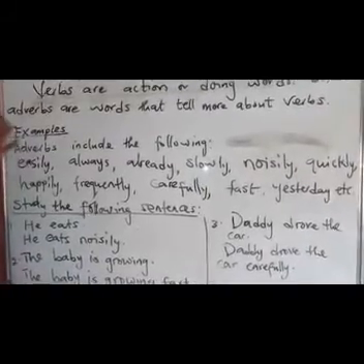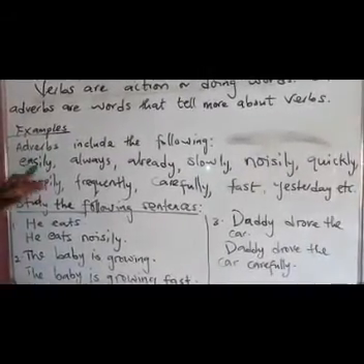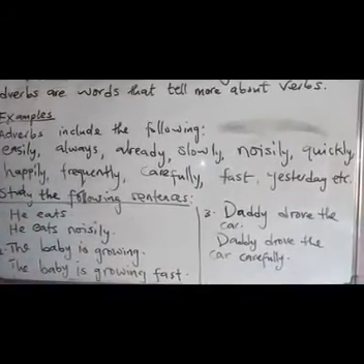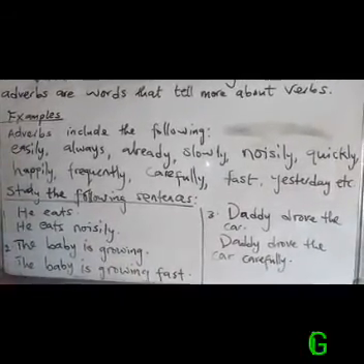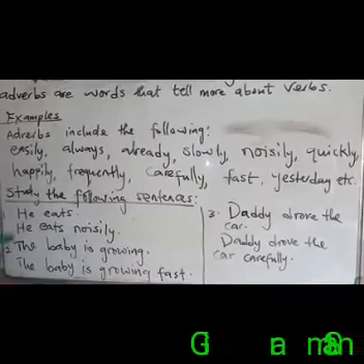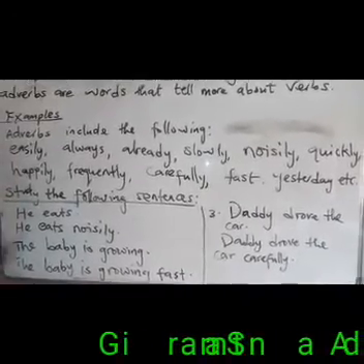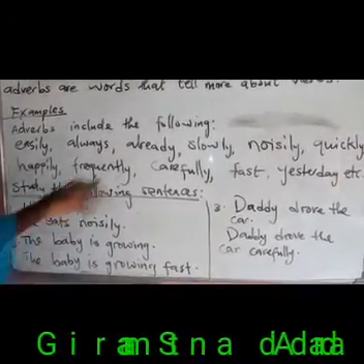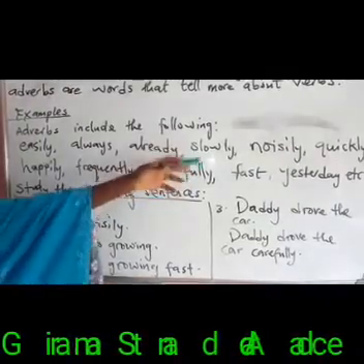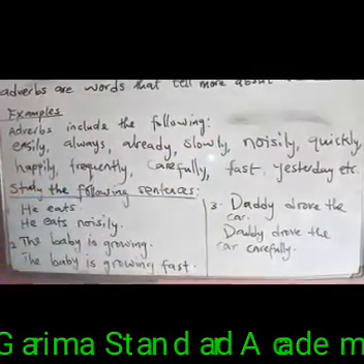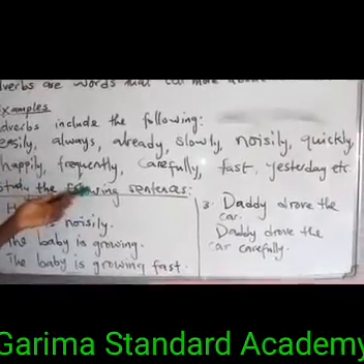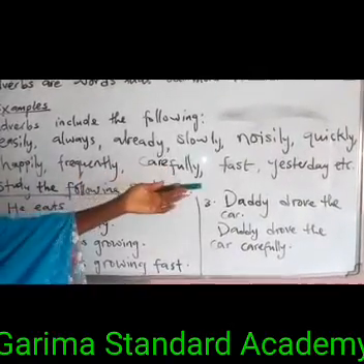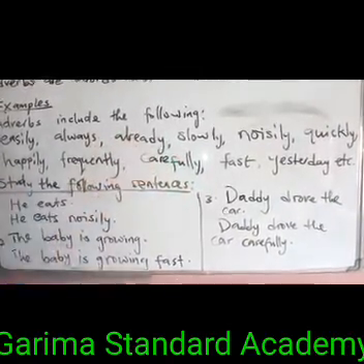Now, we have verbs as action words, and then we have the words that talk more about them. These are examples of adverbs. We have words such as easily, always, already, slowly, noisily, quickly, happily, frequently, carefully, fast, yesterday, and so on.